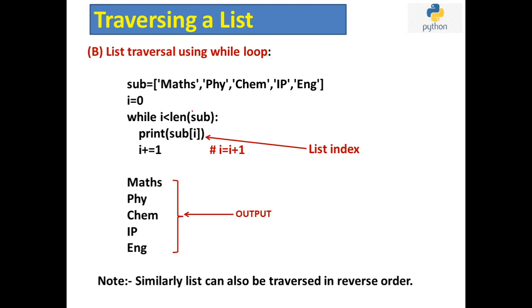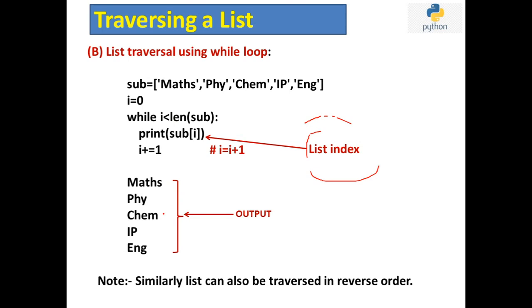Here a comparison is done. 0 is less than 5, that means up to 4 this loop will run, and it is printing elements using the list index, and each time I is incremented by 1. I is equal to I plus 1, that means for I 0, 1, 2, 3, 4 elements are printed using list index, and these outputs are produced.